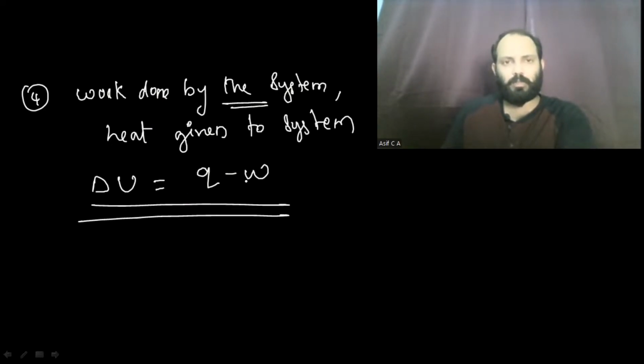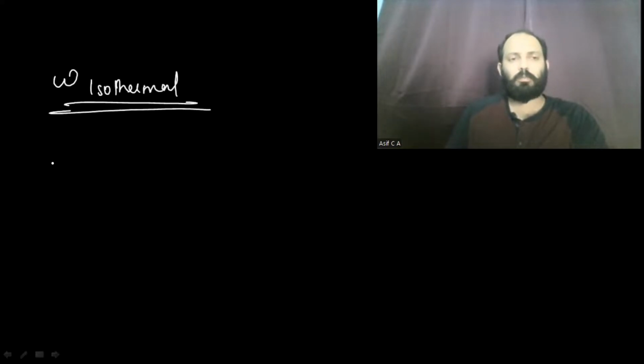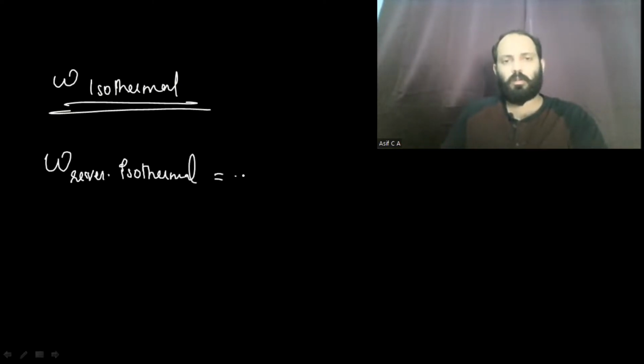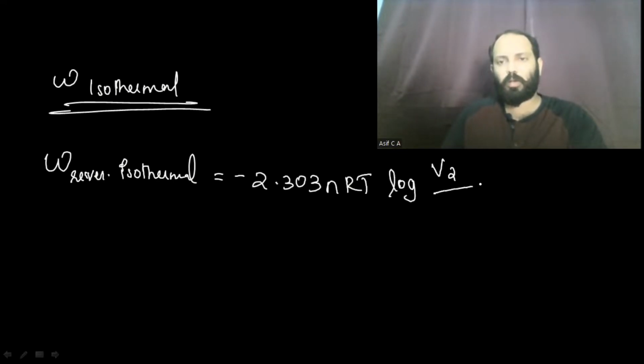Just remember that one. Then the work done in an isothermal reversible process: the equation is minus 2.303 nRT log V2 by V1.